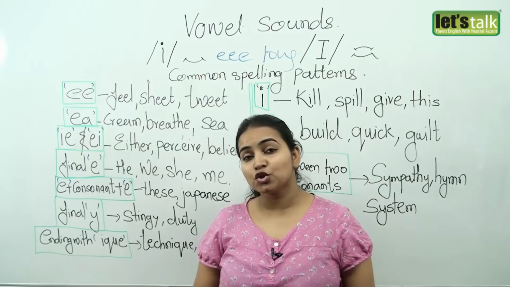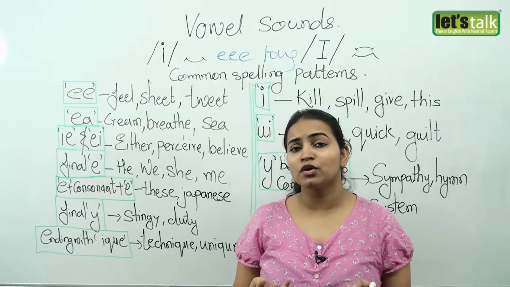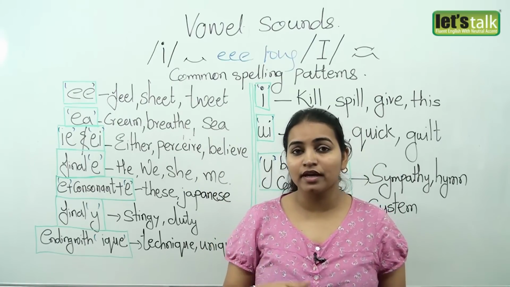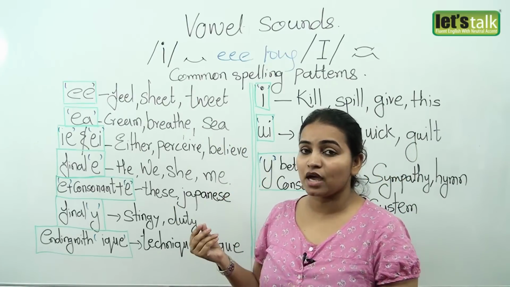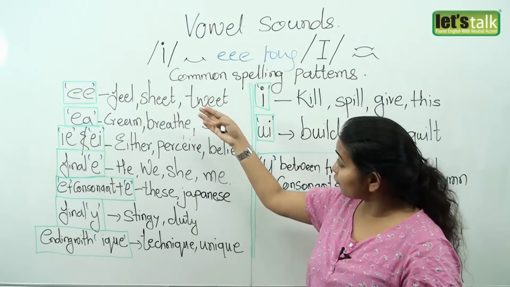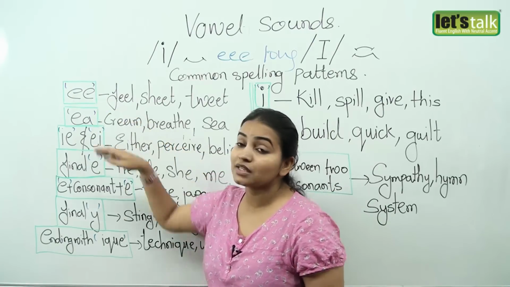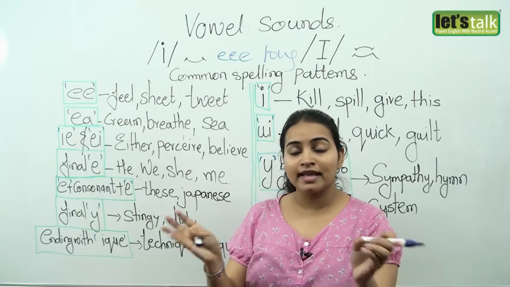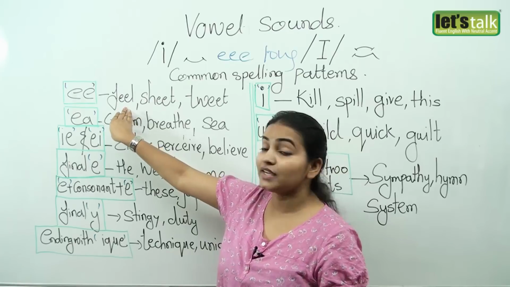Now I'm going to bring you some commonly spelled words with the E sound. These are the main words ending with the double E, or if there is a double E in a word at any place in that particular word. For example, feel.